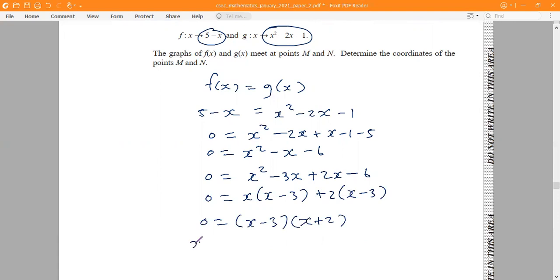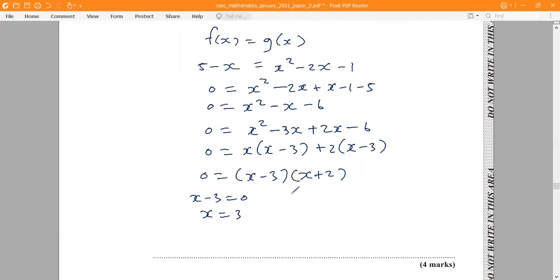So we put x minus 3 equal to 0 as one possible case, and we add 3 to both sides, so x equals 3. We also put x plus 2 equal to 0, and we subtract 2 from both sides. So we get 0 minus 2, which is negative 2.